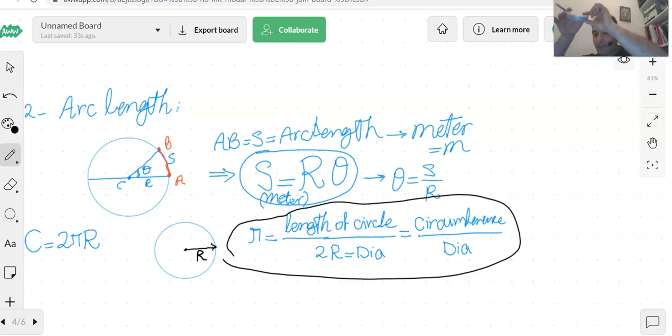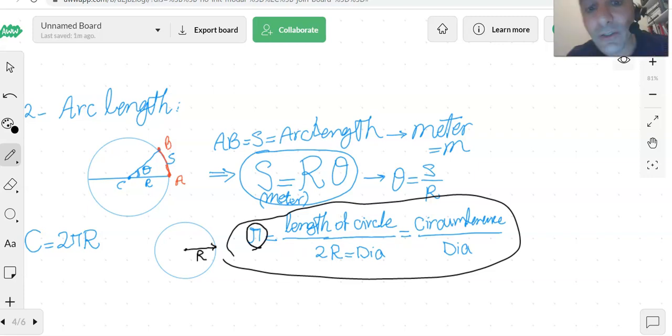Imagine this is a circle, correct? Around this circle, just put one string completely, then remove that string, then measure the length of the string. So the length of that string, which is the length of the circle, divided by 2 radius, which is the diameter, will give you one ratio.